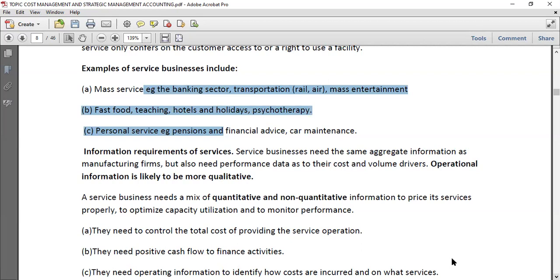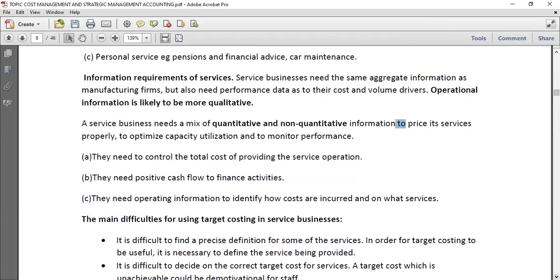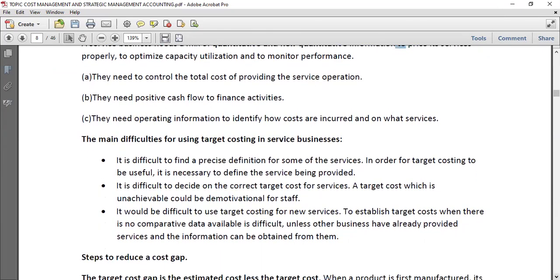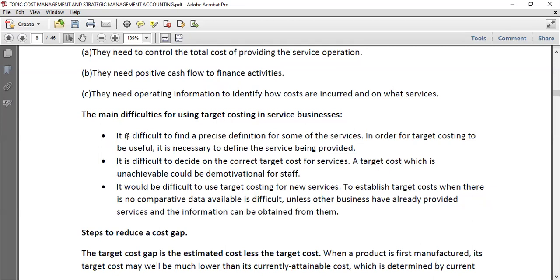When it comes to services, a service business requires both quantitative and qualitative information to price its services properly. Remember, target costing starts with a key step, which is pricing. So we need to control the total costs of providing the service, provide the cash flow, and have operating information to identify how costs were incurred, and so on. So we have those difficulties as indicated here.